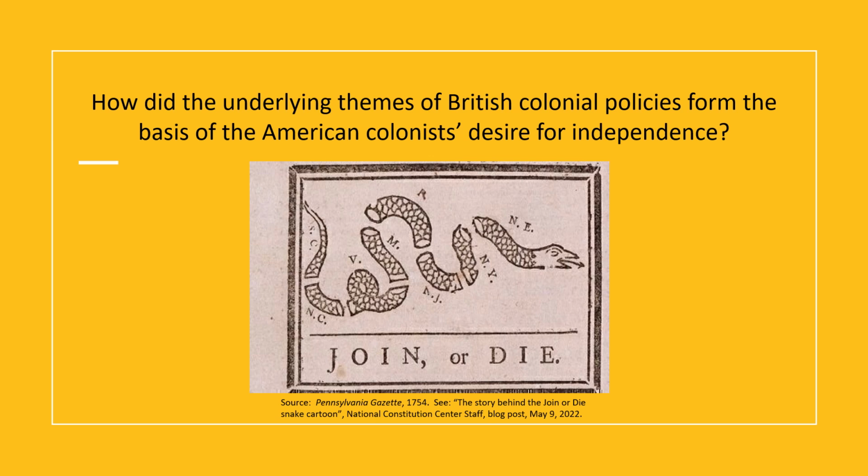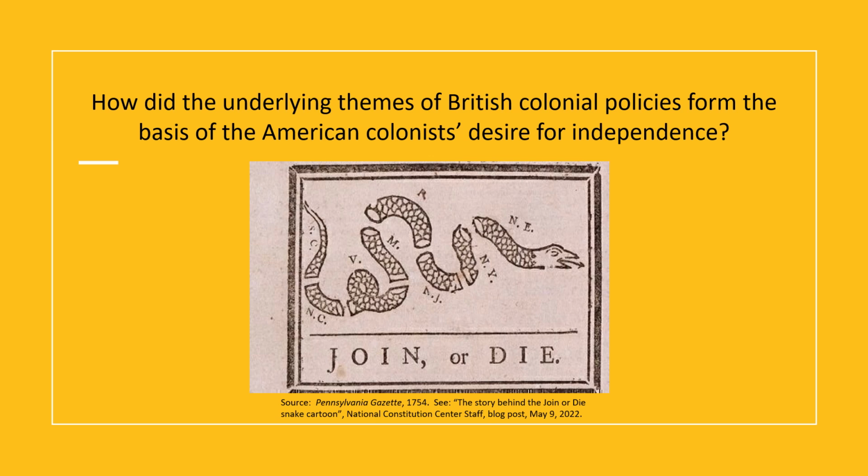So what do each of those pieces represent? Well, we see above and to the left a little bit of the head of the snake, we see NE, which we would assume focuses on New England. Going to the left, New York. Then we see other pieces, an M in the middle of the snake. That would likely focus on Massachusetts.